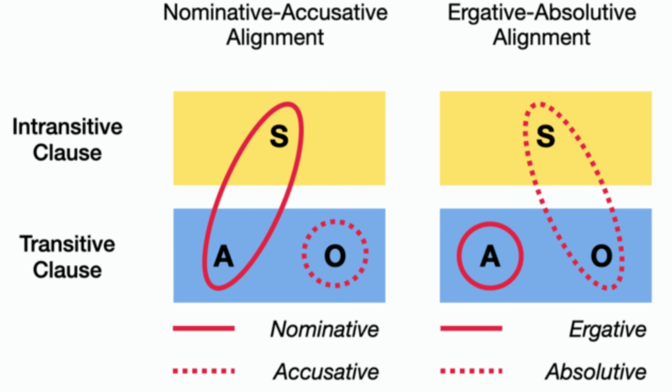In nominative accusative alignment, the S and A, or the subjects of either a transitive or intransitive verb, are treated the same, while the object of a transitive verb is treated differently. The S and A are called the nominative case, while the O is called the accusative case. In English, the only time where this affects grammar is when using pronouns, such as in the sentences "he slept" and "he saw him."